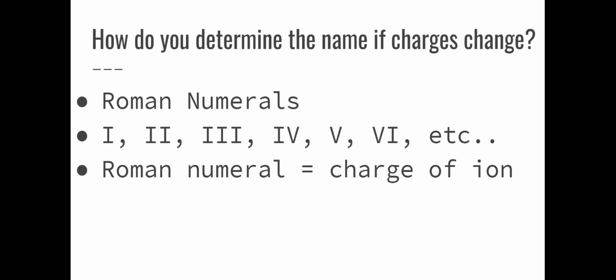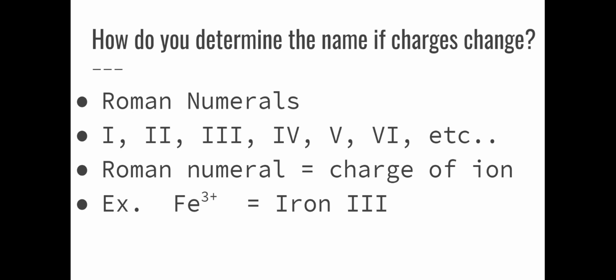The Roman numeral represents the charge of the cation. We only use the Roman numeral for the cation. We don't bother using Roman numerals for the anions, only for the cations.